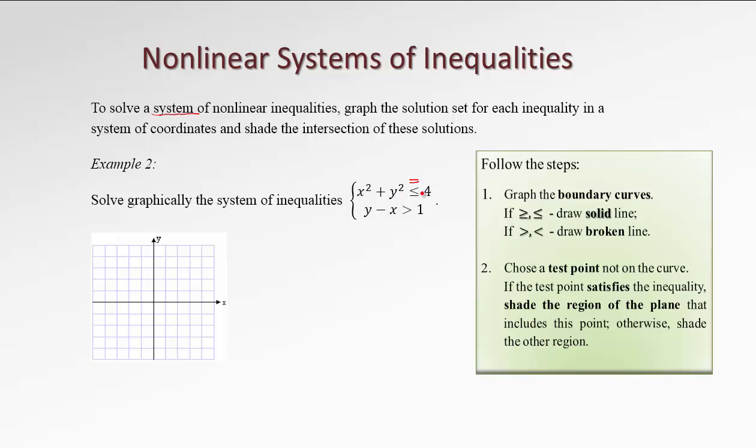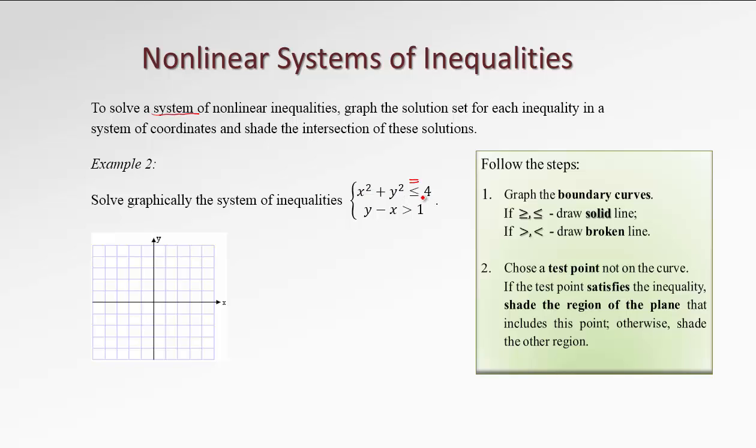We also need to watch if the inequality involves equation or not. If it does include equation, we're supposed to use a solid line to graph the boundary curve, in this case a circle. And in the second inequality, we have strong inequality, no equation, so the shape that this related equation describes should be graphed by a broken line, a dashed line.